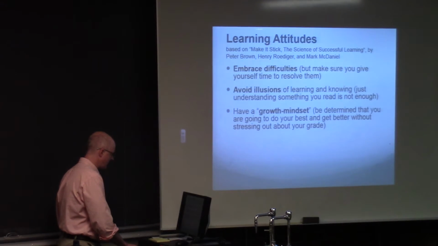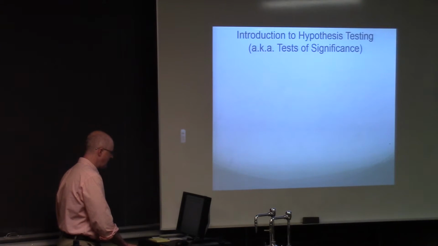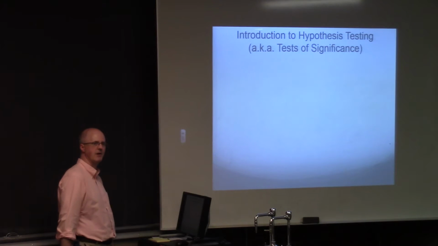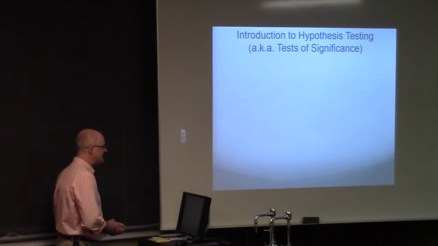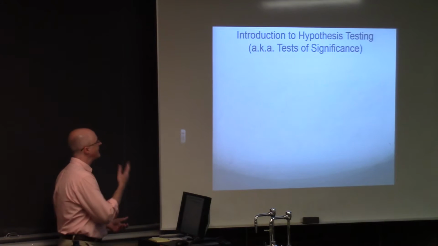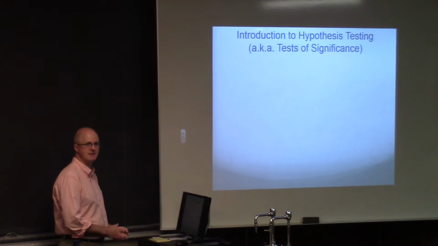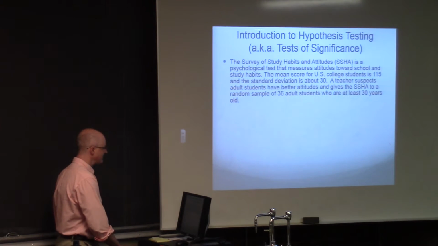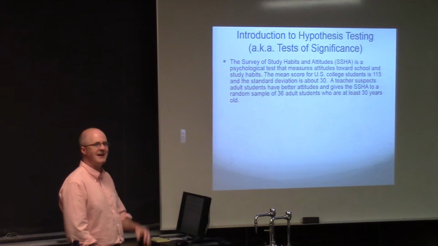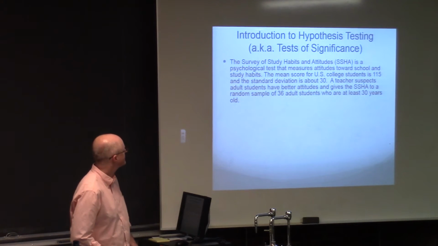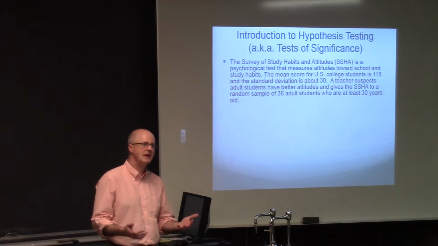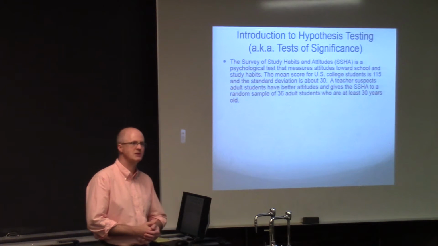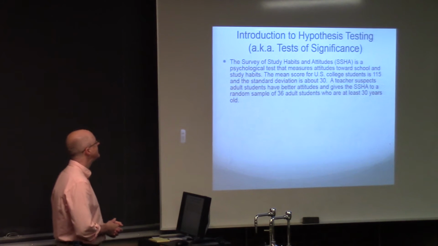So let's keep going. All right, here was our example from last time, our introduction to hypothesis testing. Let's consider the same situation again. Hypothesis testing, also known as tests of significance. Modified an example in the book. Survey of study habits and attitudes, this psychological test that measures people's attitudes towards school and studying.